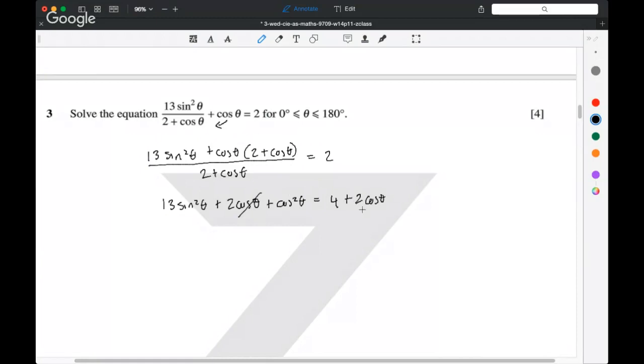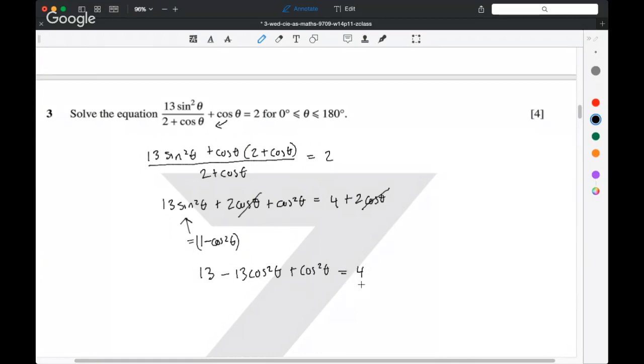2 cosine theta on either side cancel out. And then I remember that sine squared theta is equal to 1 minus cosine squared theta. That's just in the formula booklet. So I get 13 minus 13 cosine squared theta plus cosine squared theta is equal to 4.